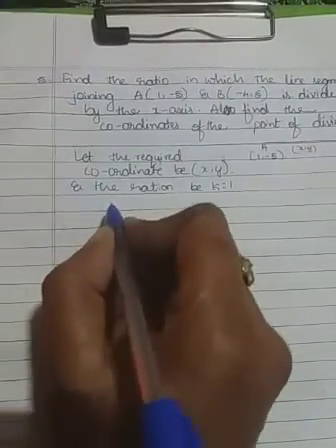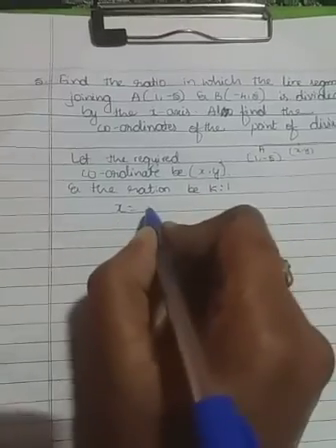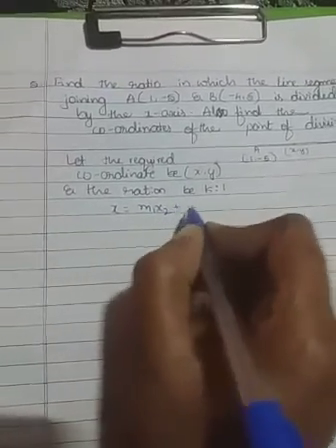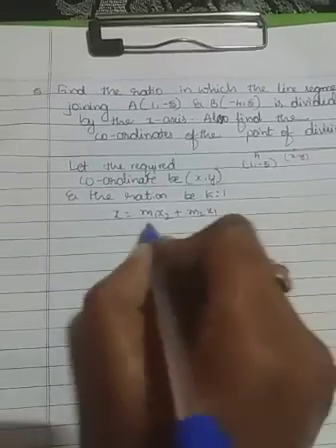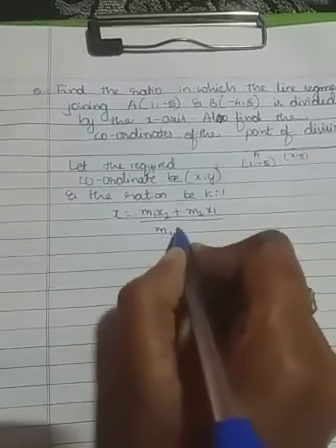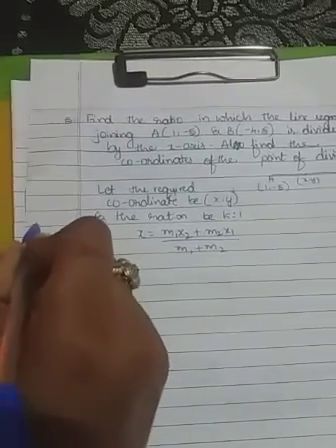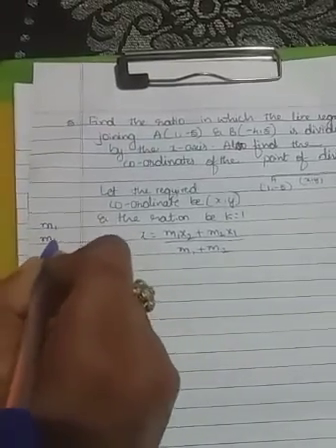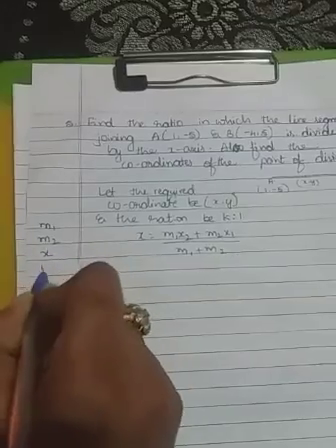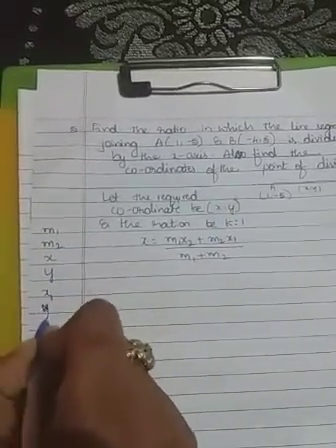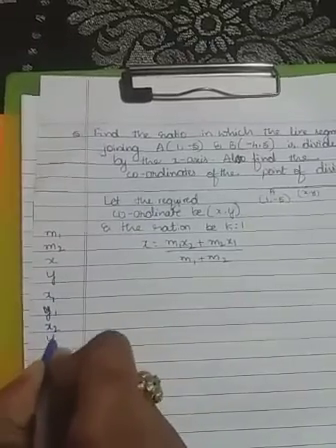We use the section formula, x equals m1 x2 plus m2 x1 divided by m1 plus m2. Let's write the ratio m1 and m2, the required point x, y, and the coordinates x1, y1 and x2, y2.